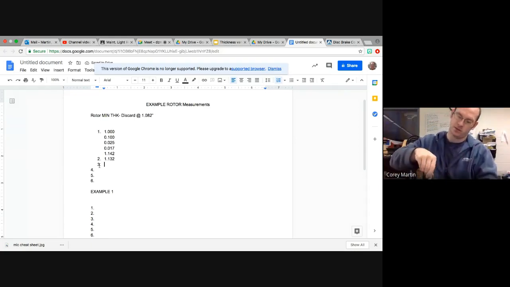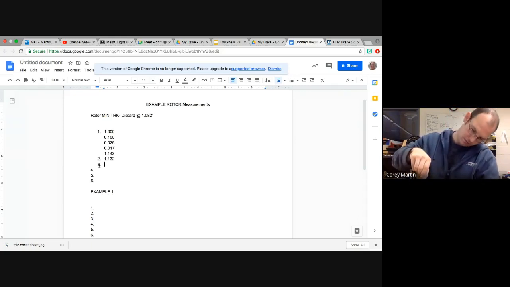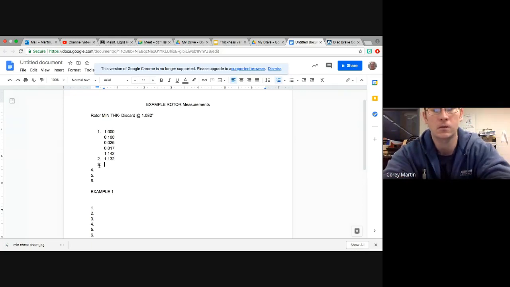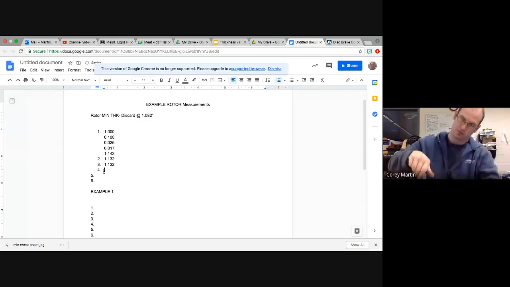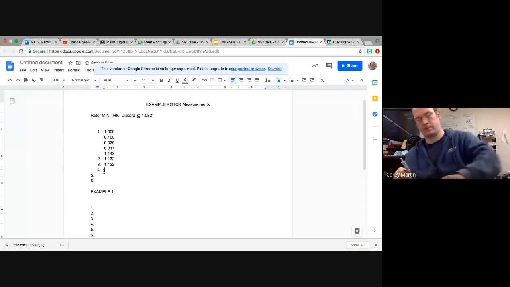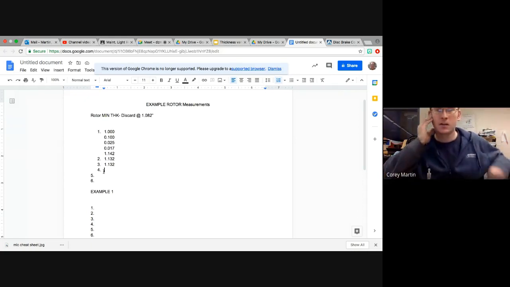So let's measure it a little bit over here. Okay, this one is actually the same. So 1.132. Measure it over here. Okay, this one is about 2/1000ths of an inch bigger than that.